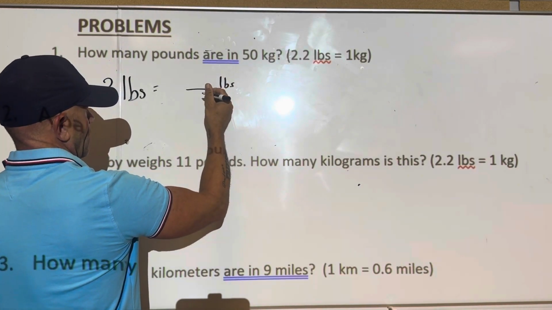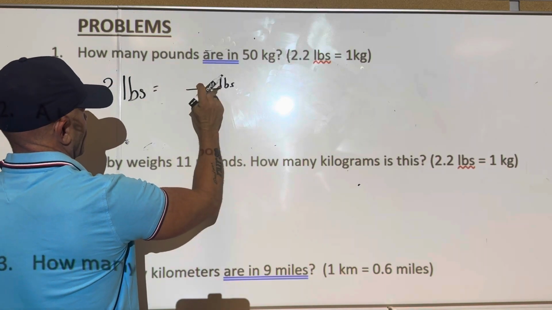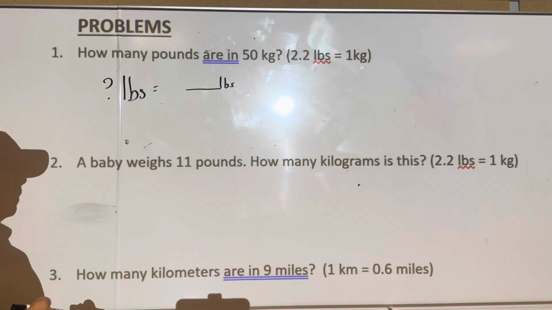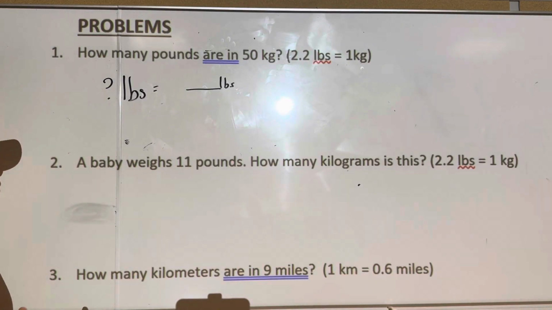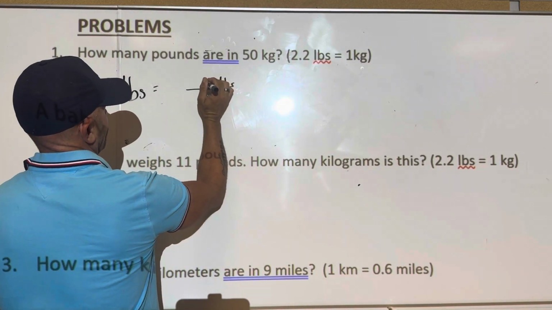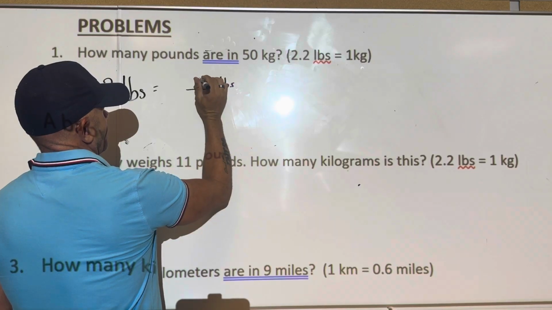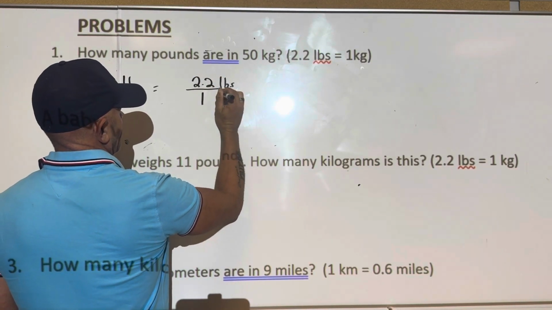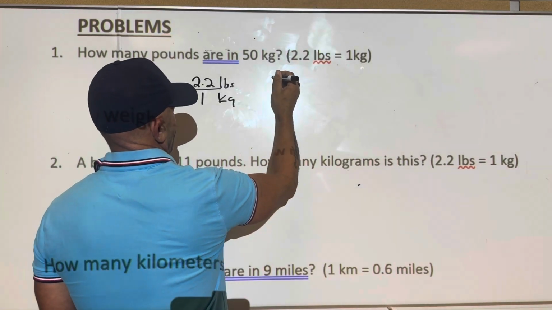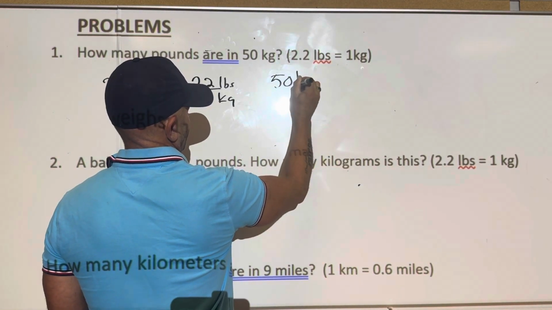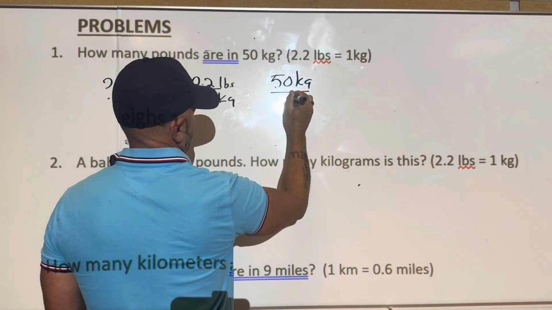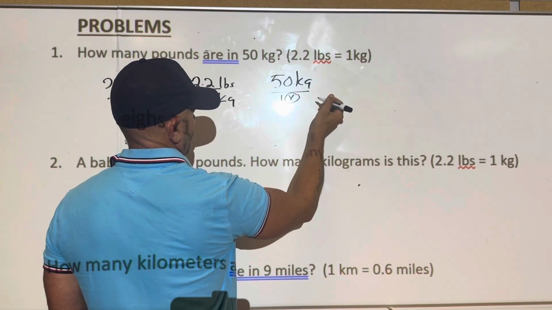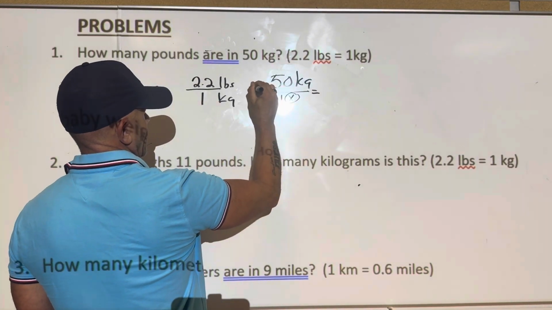So we know 2.2 pounds is 1 kilogram. We have 50 kilograms. We're looking for, this is our X, this is our 1, whichever one you want to use. Okay, then we do this.